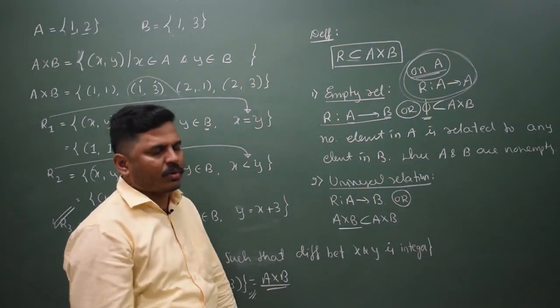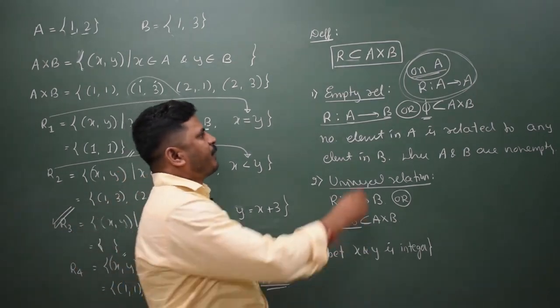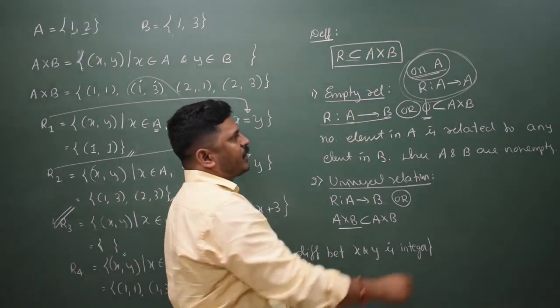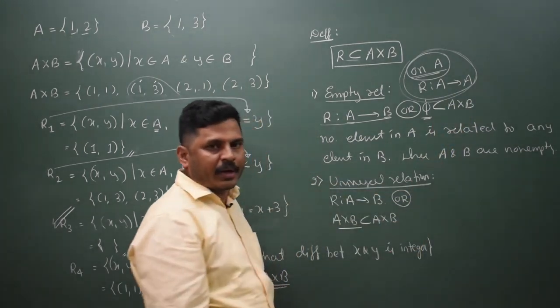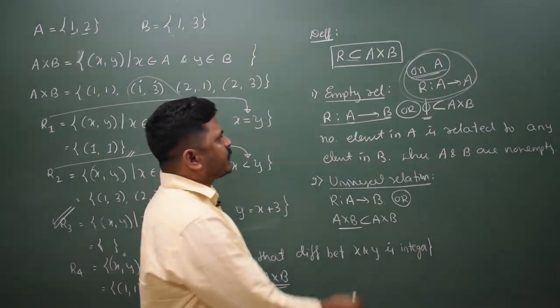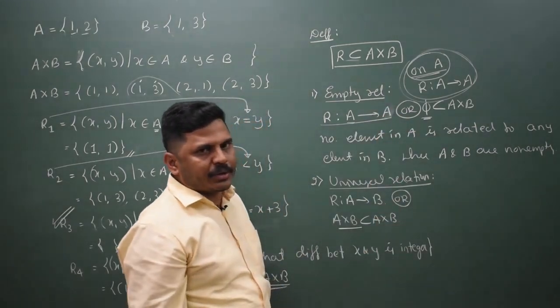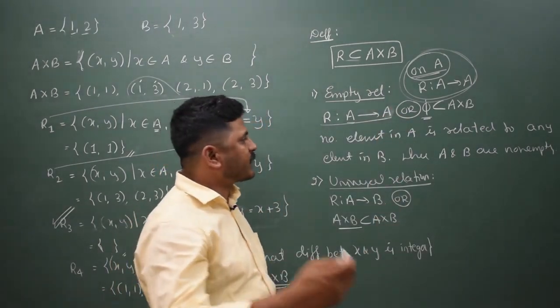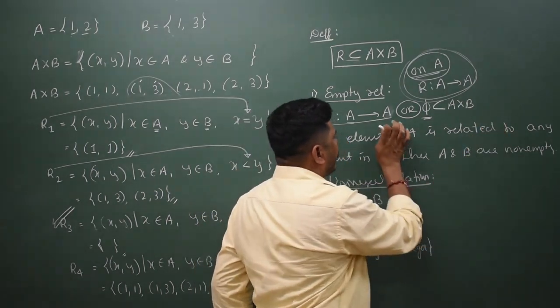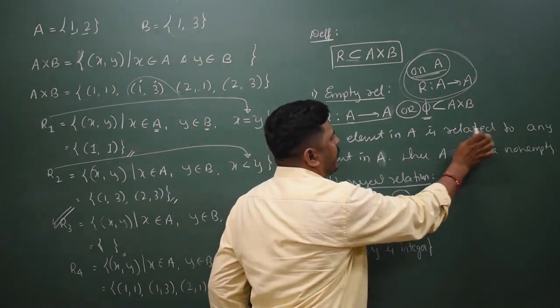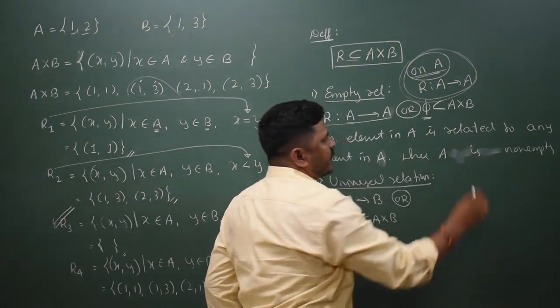In some textbooks or reference books, they define empty relation and universal relation using relation on A. That is, a relation R from A to A is said to be an empty relation if no element of A is related to any element in A, where A is non-empty.